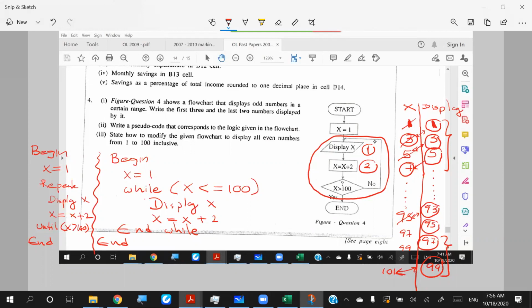Right? So remember, when you are flipping a thing, if it is larger than, the opposite of it is less than or equal. If it is larger than or equal, the opposite of it will be less than. Logically, if something is larger than 100, the value is going to be 101, 102, 103, likewise.